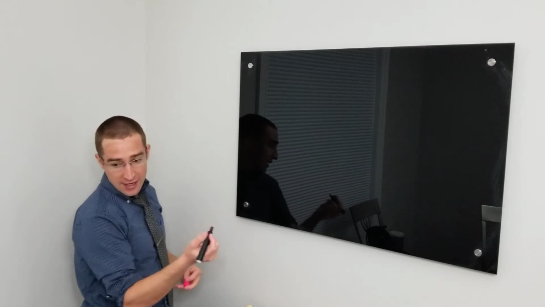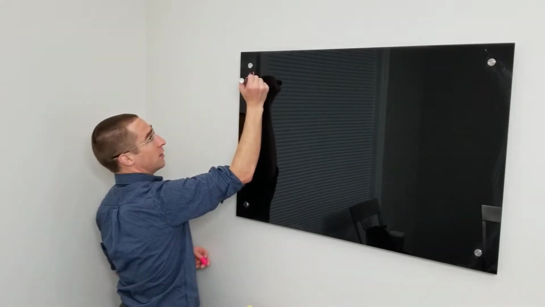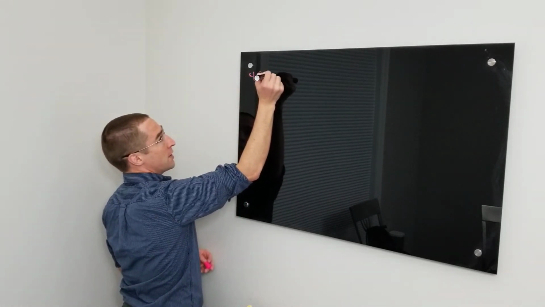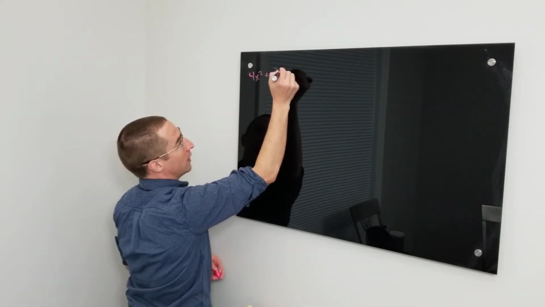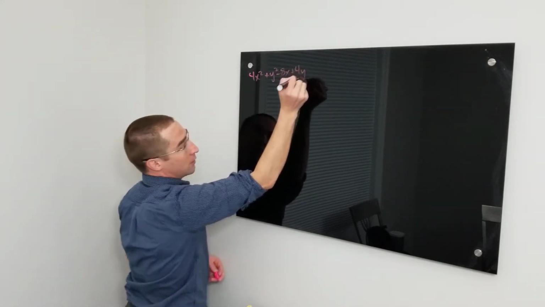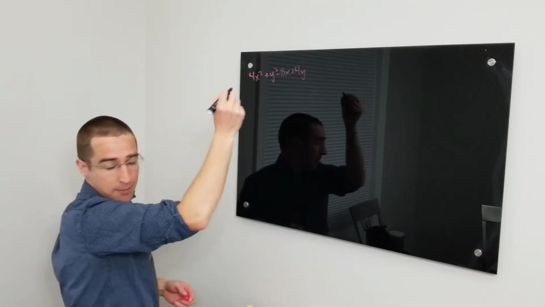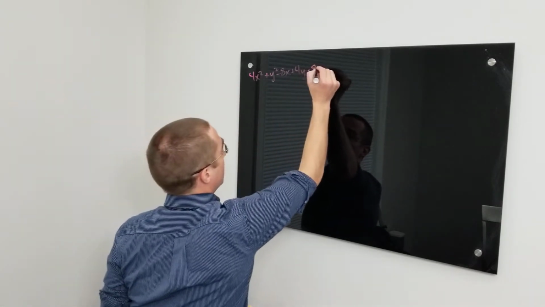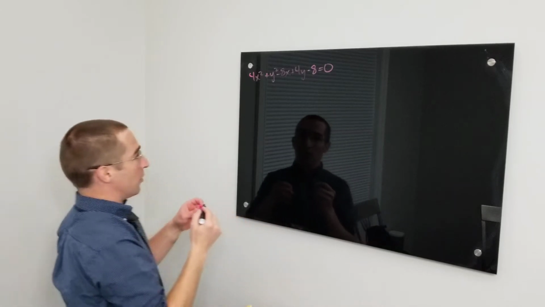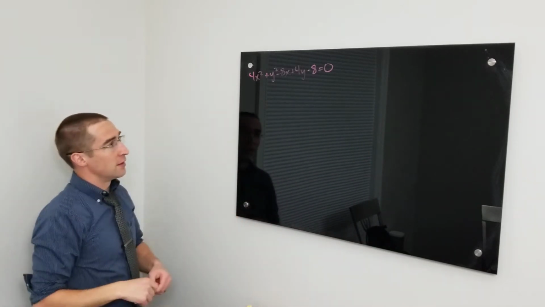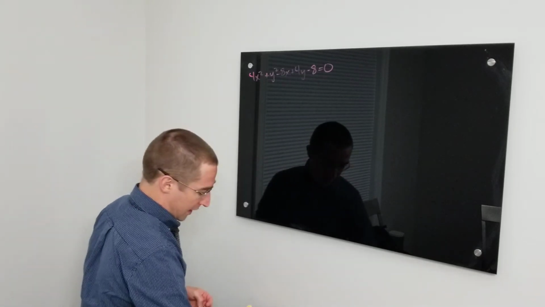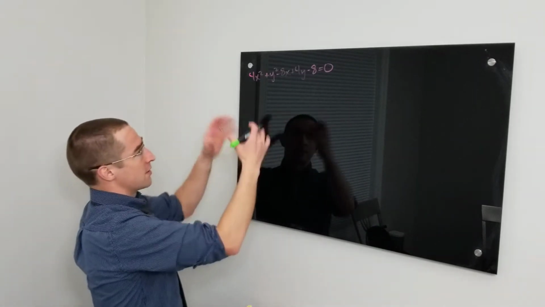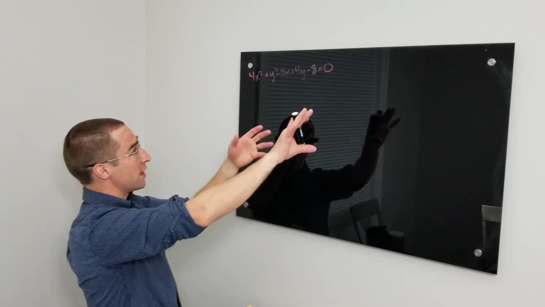So let's do this example of 4x squared plus y squared minus 8x plus 4y minus 8 equals 0. We're going to rewrite the equation in standard form. Once again, we want to get the x's by x's, y's by y's, and the number on the other side.